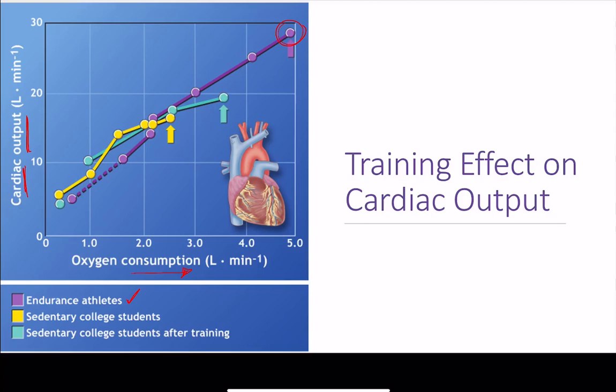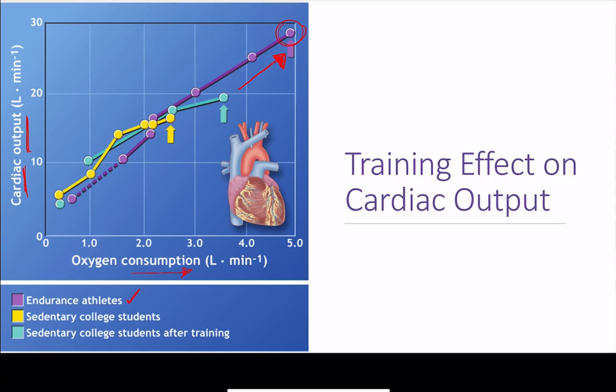This is huge because the functional capacity of the system is how well we can take in and deliver oxygen. Oxygen is carried in the blood. If we can increase our maximal cardiac output, we are pumping more oxygen per minute throughout the entire body to use that oxygen to make ATP to do human performance.